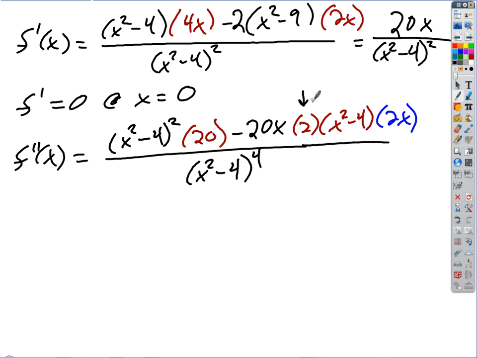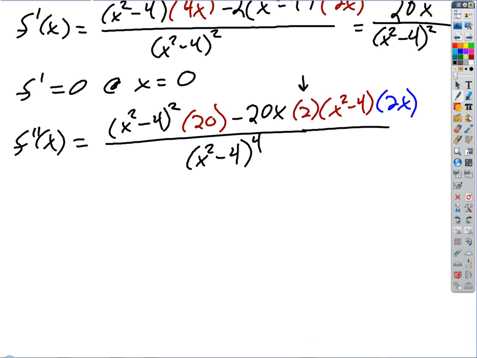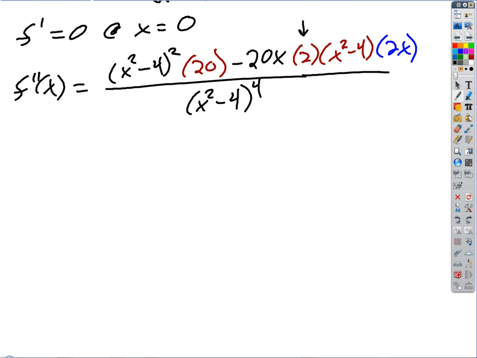Now we gotta clean this up a little bit. On the top, what could we factor out? Because we do have some like bases here, x squared minus 4. We can take out an x squared minus 4 to what power? To the 1st, good. We could take out a 20 too, couldn't we?